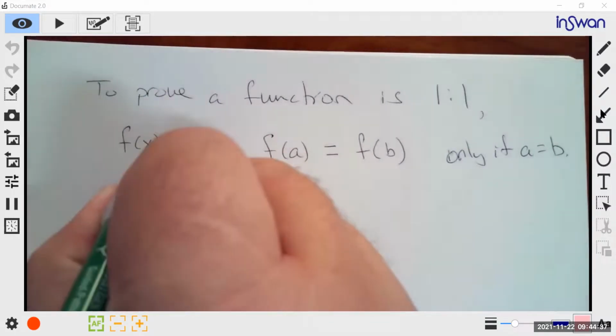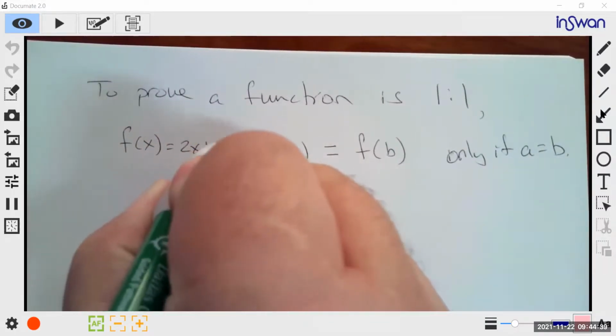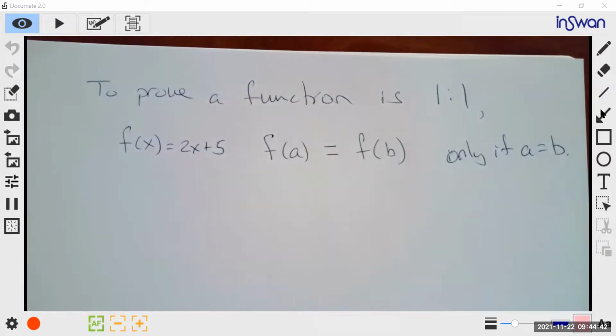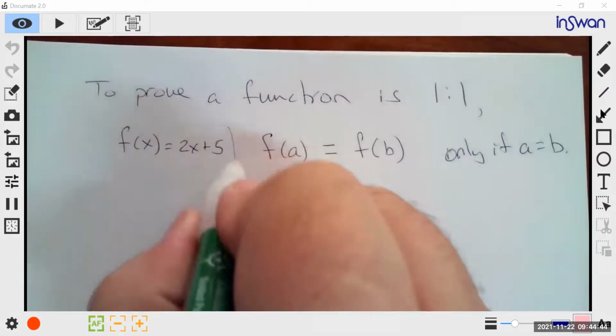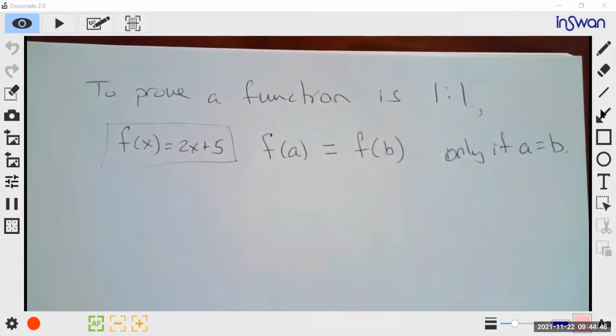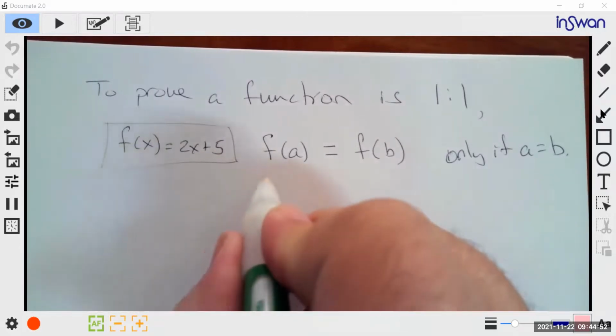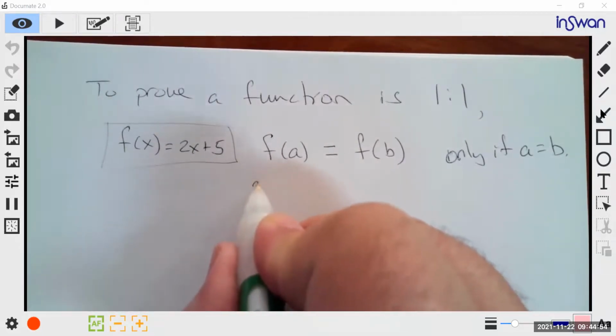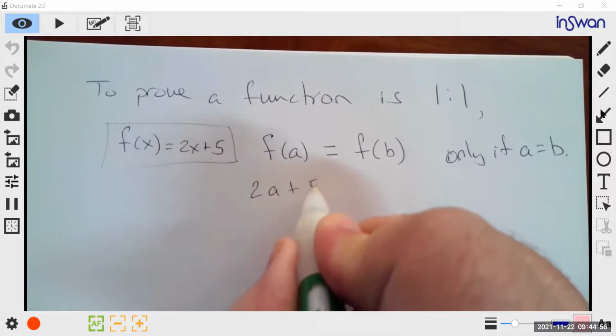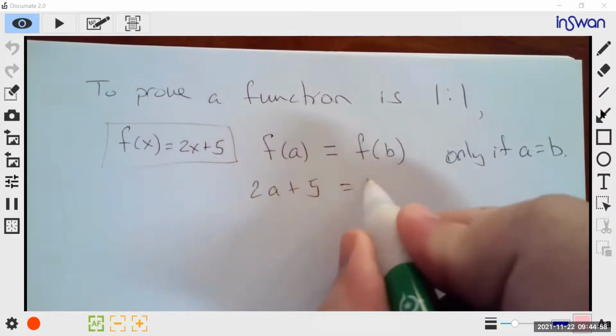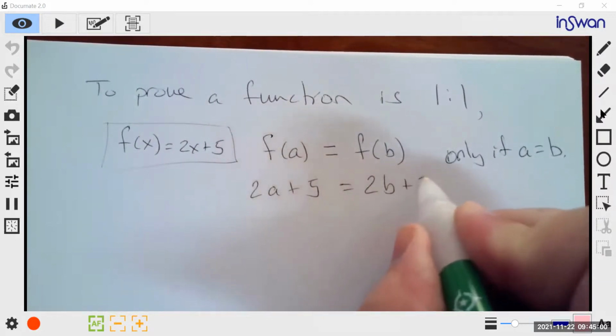So let's say we had the equation 2x plus 5. Is this function one-to-one? Well, let's see. First off, let's take f of a. Anywhere we see x, we put an a. So we have 2a plus 5. On this side, it's 2b plus 5.